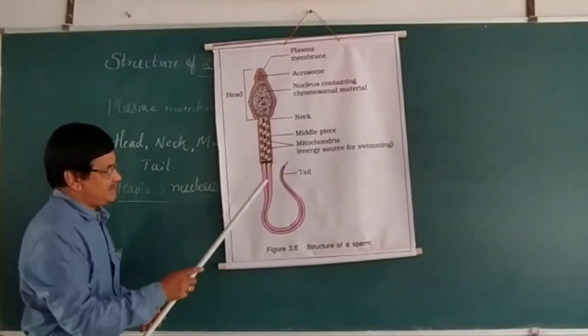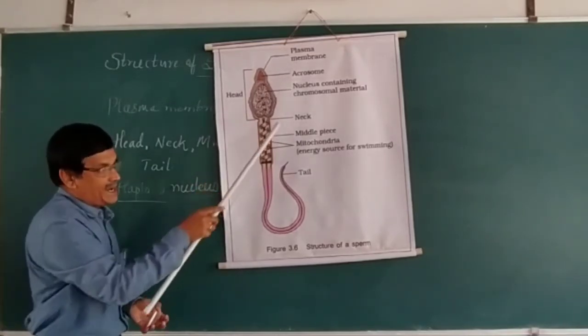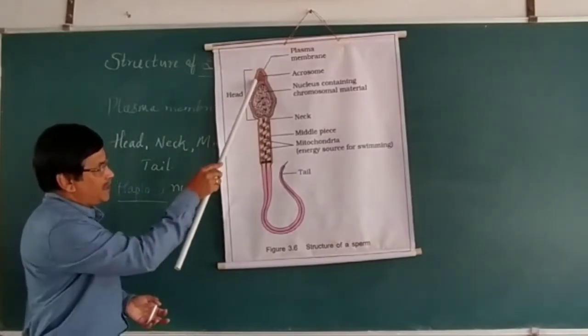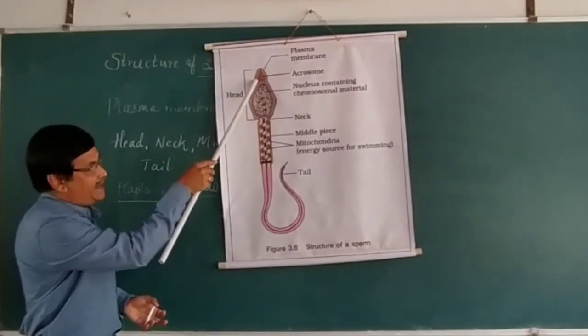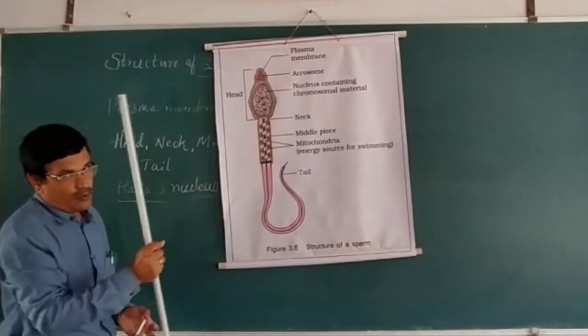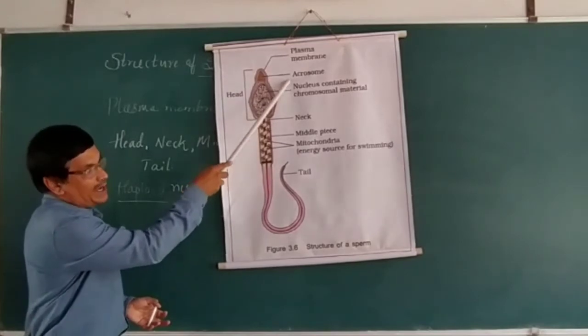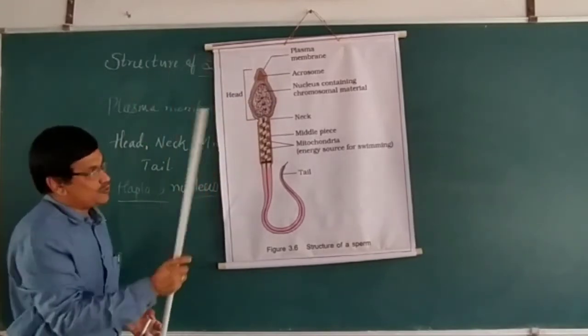During fertilization, the sperm gets attached to the outer membrane of the ovum. This attachment and penetration of the sperm into the ovum is due to the activity of the enzymes present in the acrosome.